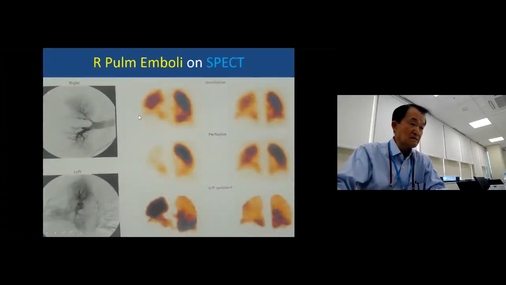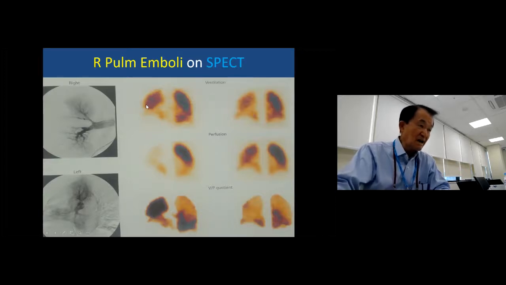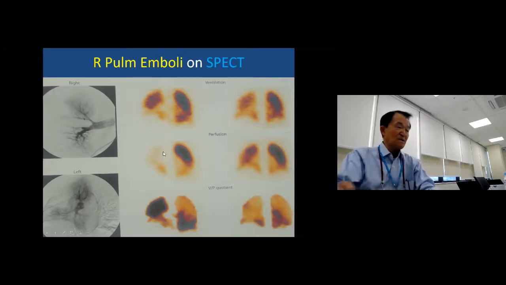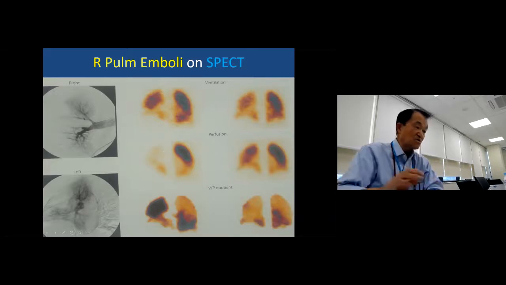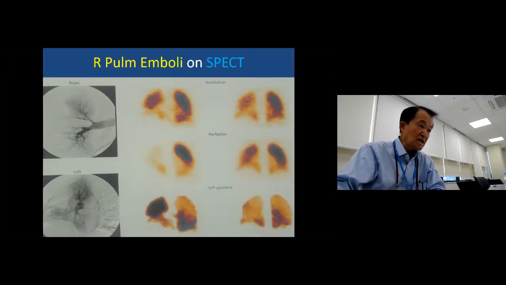So a certain defect is on the right side. Here the ventilation is there, and perfusion normal, nothing here. And so the VQ ratio, whatever. Any large perfusion defect is unusual for hematogenous pulmonary emboli. Mostly it is bronchial narrowing by cancer that blocks a whole lobar segment.